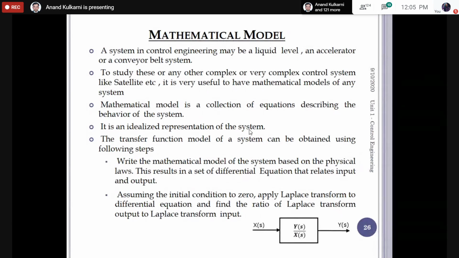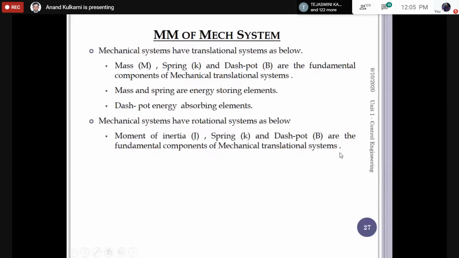The overall transfer function of that interconnected system you are going to determine in unit number 2, that is signal flow graph or block diagram, how to connect them and how to find the overall transfer function of the complex system. After that, you are going to study that system further.